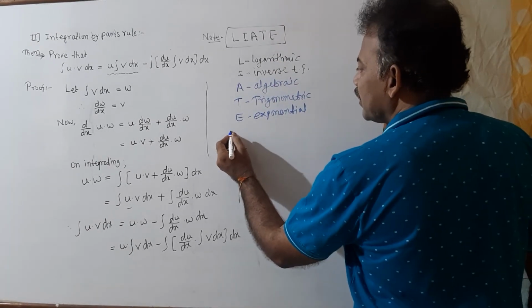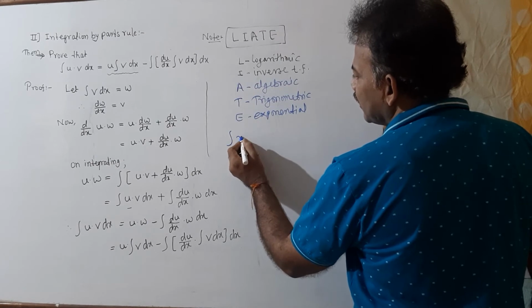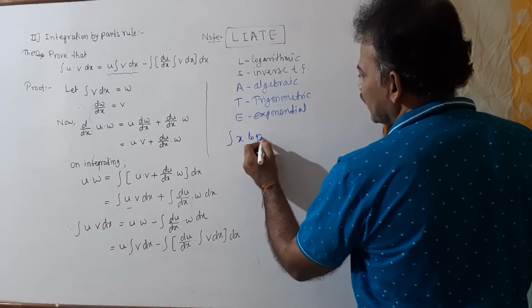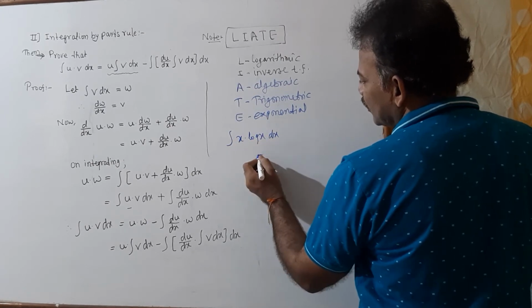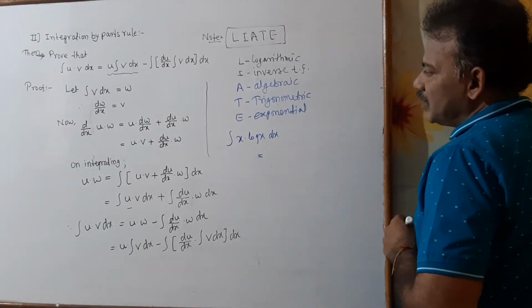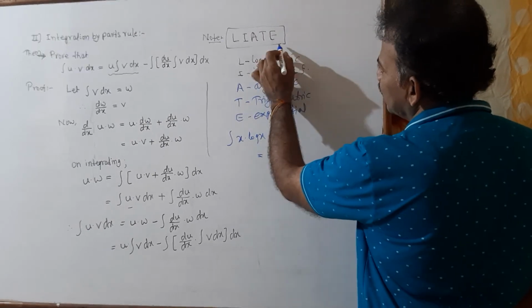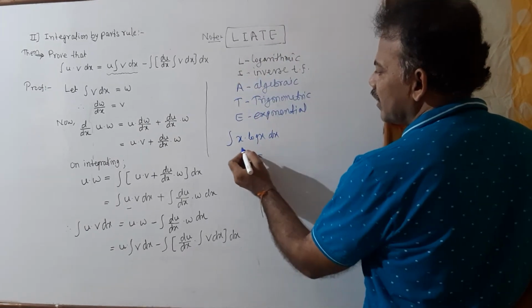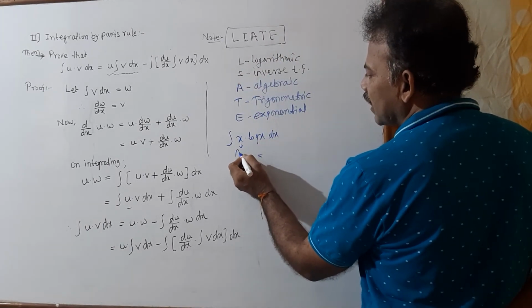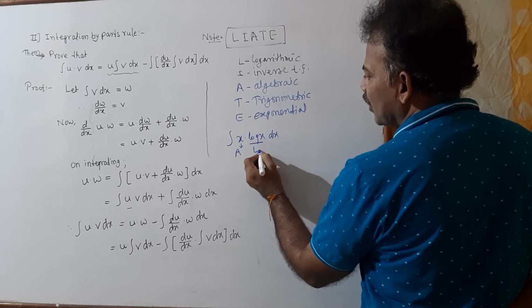We have already seen the example, integration of x into log x dx. To solve this problem, we check the order of these two functions by using the word LIATE. Here x is an algebraic function and log x is a logarithmic function.